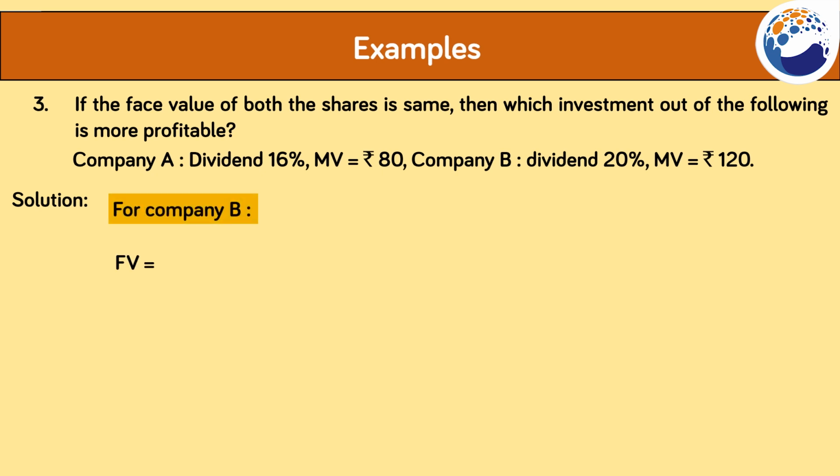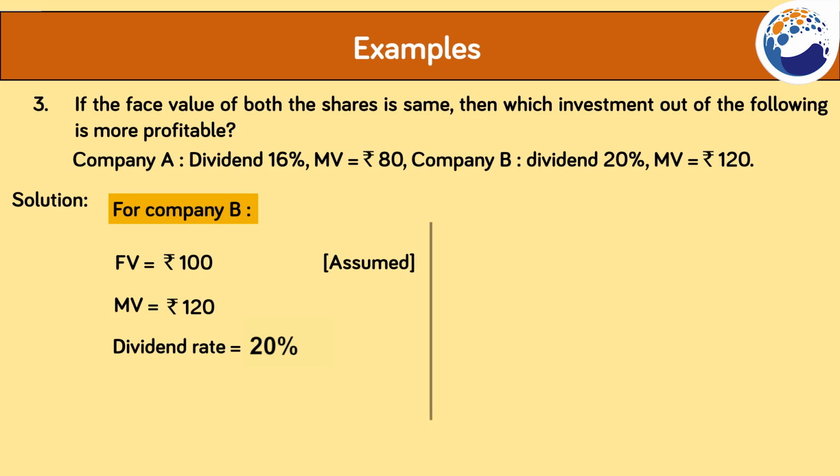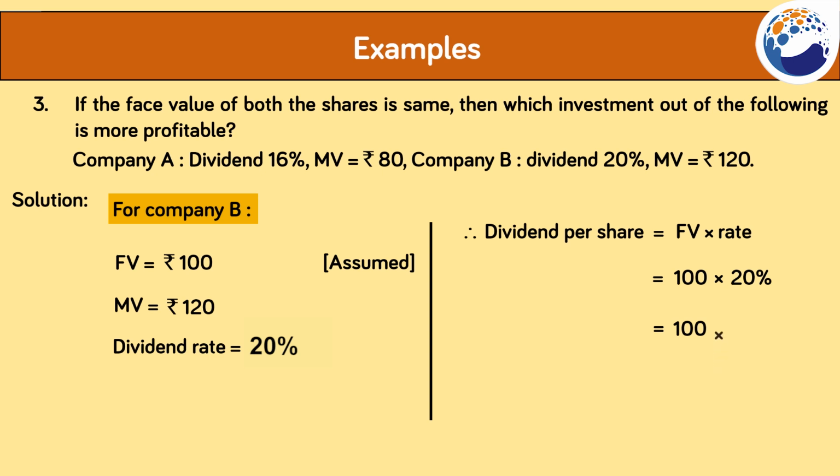2. For company B, FV is equal to Rs 100, assumed, MV is equal to Rs 120. Dividend rate is equal to 20%. Therefore, dividend per share is equal to FV into rate, which is equal to 100 into 20% is equal to 20 upon 100 into 100, that is equal to Rs 20.